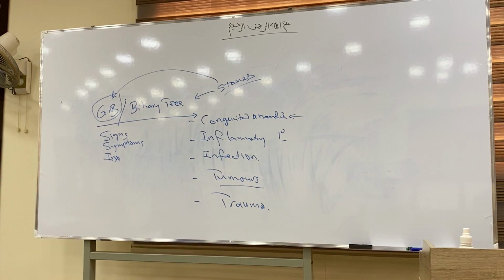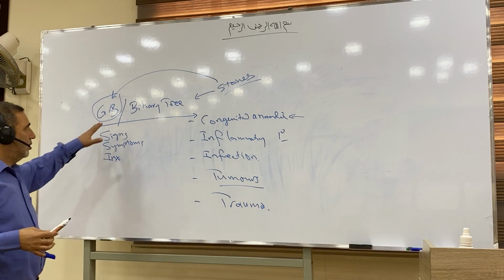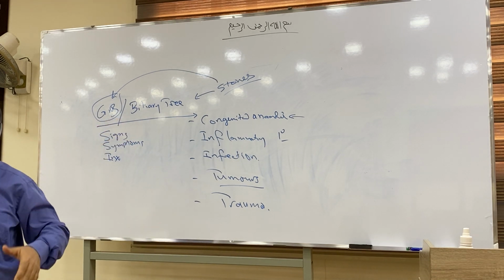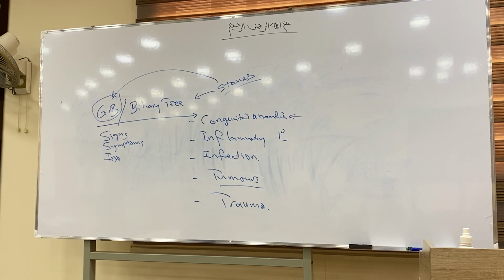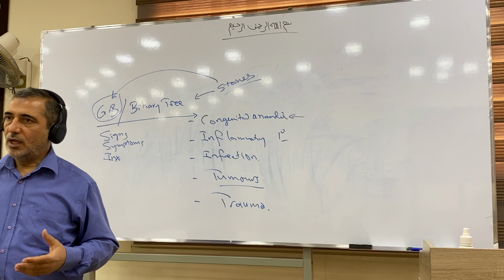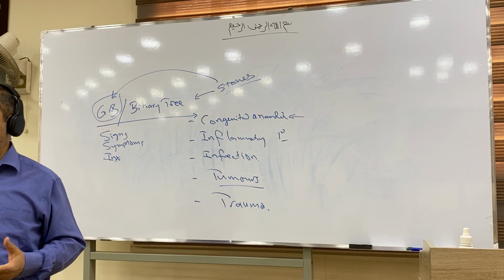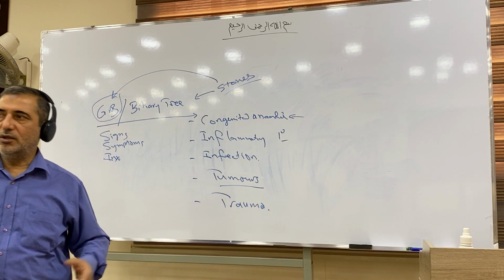I give you the lecture this way so that you are able to answer any question you are presented with. Okay? For almost every place we talked about in the body, you have the same vision to approach the patient. You know the anatomy and physiology of the organ, you know the diseases that affect this organ, and then you are able to diagnose the patient by his signs, symptoms, and investigations.